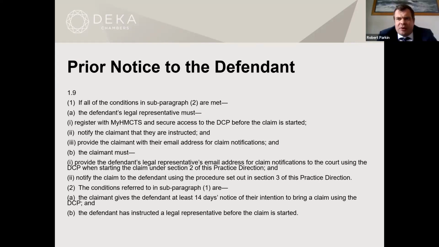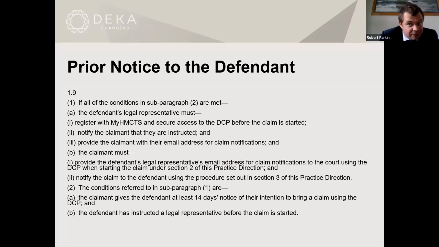A very wordy way of putting it: if you're going to issue a claim under DCP, and you have a defendant who is legally represented, you have to tell the defendant, not necessarily their legal representatives, but the defendant, at least 14 days before you issue the claim under DCP, that you're going to do so. If they do, the defendant's legal representatives then have to sign up to DCP, register for an account if they haven't already, and tell you that they're instructed.